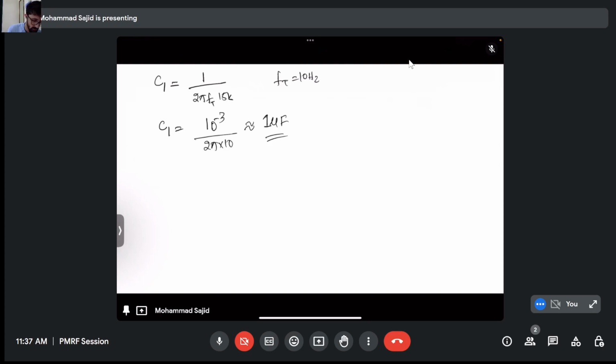Let me use the calculator again. Divided by 2, divided by 3.14, and 15 as well.